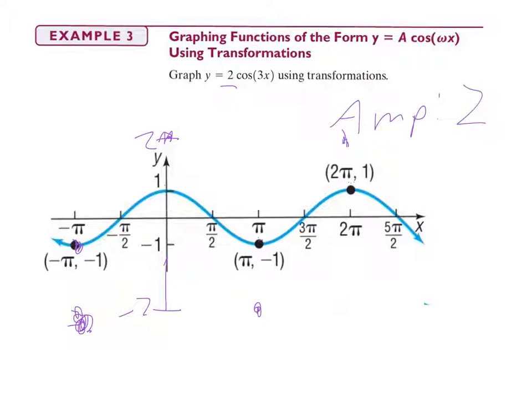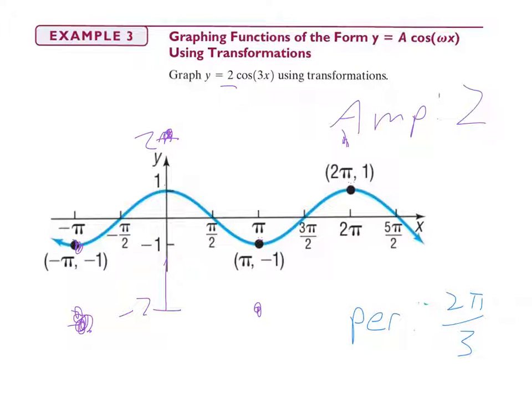Now this 3 in front of the x, that changes the period. So it'd be 2 pi over the number in front. So this period is now 2 pi over 3. So the way you do it is you start here where it's 0 and this place where it's pi.